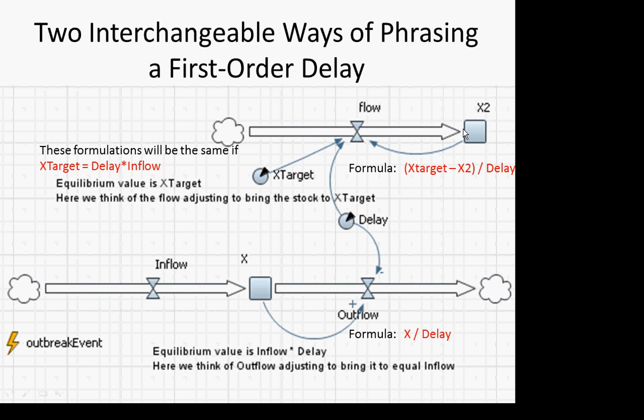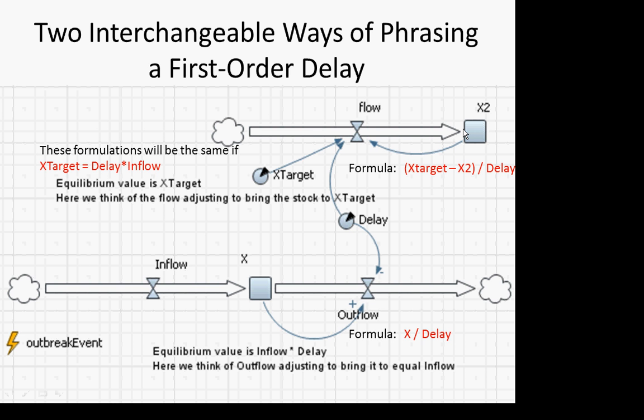Ladies and gentlemen, we just showed that the equilibrium value for the stock is the target, X target. In other words, by definition, that's the value at which there's no flow in, no flow out. The stock's in equilibrium. There's no change to it. The flow is zero, and a flow of zero occurs when x2 equals X target, right?